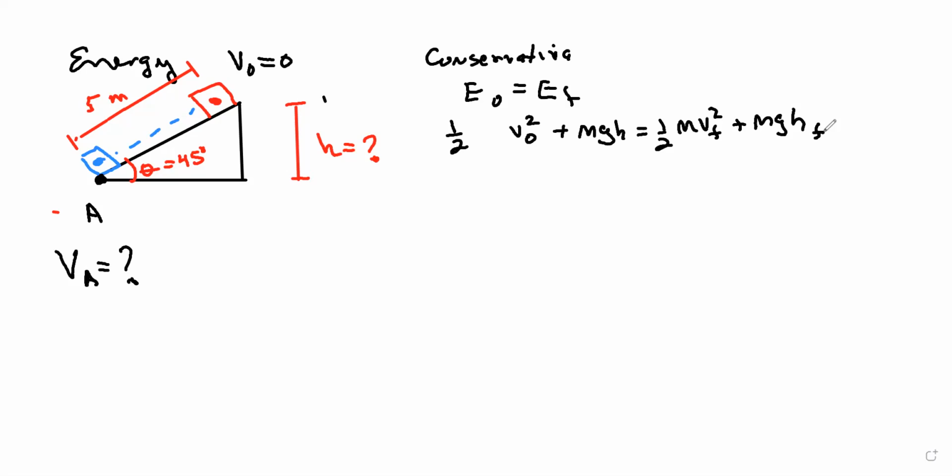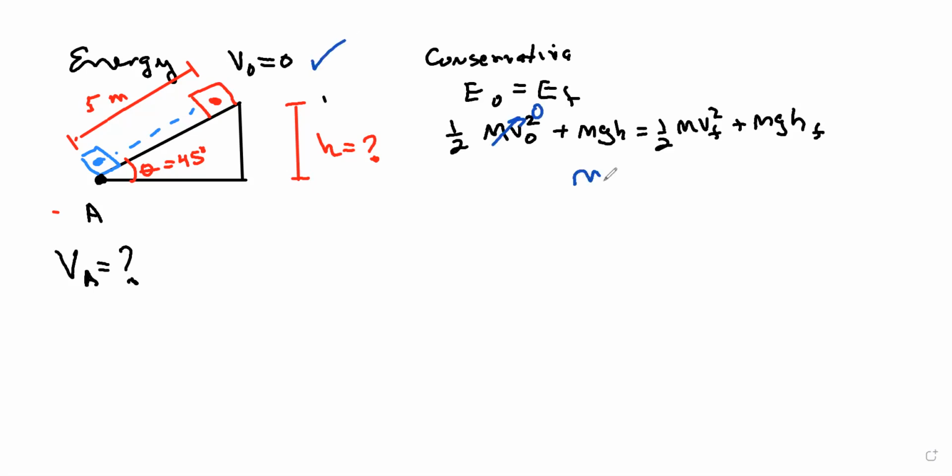So we have initial kinetic energy plus initial potential energy is going to be equal to the final kinetic energy plus the final potential energy. Okay, but this one is 0. So this term is going to cancel out because the initial velocity is 0.